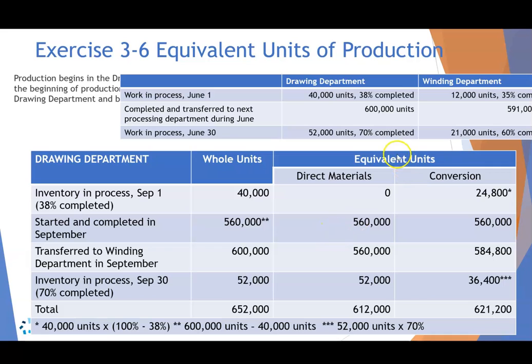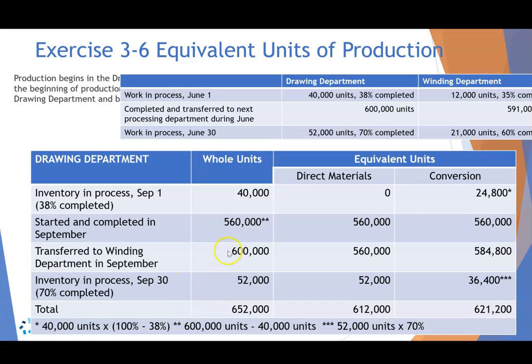So in terms of equivalent units, 52,000 equivalent units of direct materials have been added, and 70% complete in regards to the conversion costs. So these 52,000 units, 70% complete, would be 36,400 equivalent units in regards to conversion.